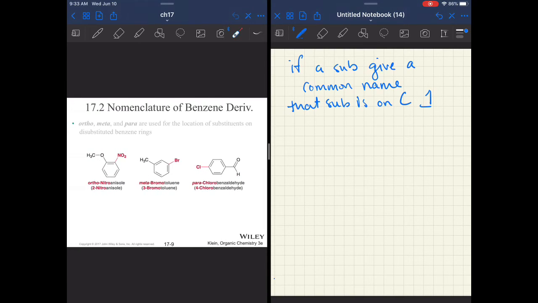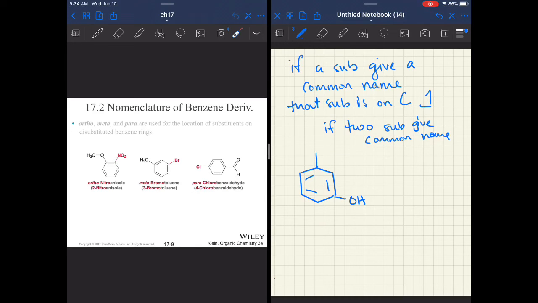Now, if 2 substituents give common names, I have seen mixed emotions about this topic. So, for instance, we have a hydroxy and a methyl.